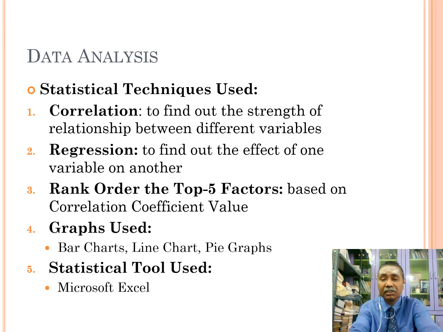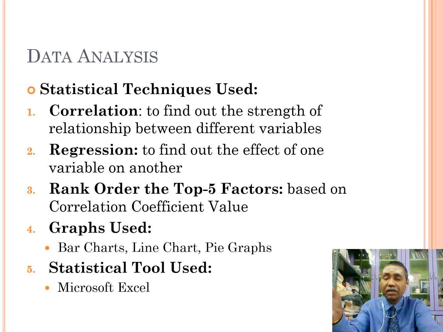I used correlation, and based on the correlation coefficient value, I identified the intensity of the relationship. Similarly, to authenticate whatever I got in correlation, to double check, I used regression. Is that same variable having a relationship with the GDP? Is it having an effect on the GDP? To find that out, I considered the regression technique.